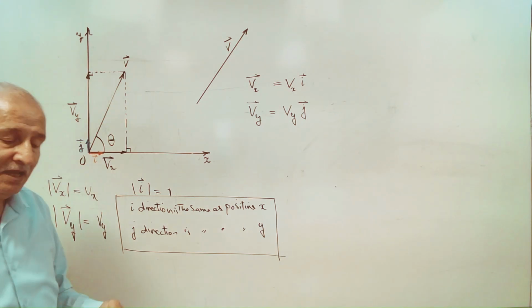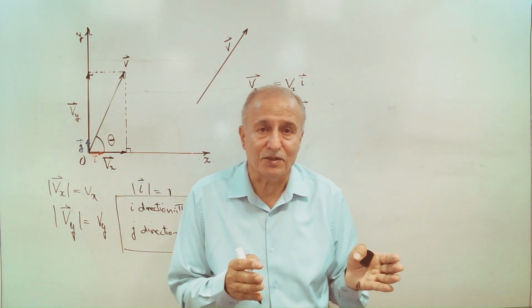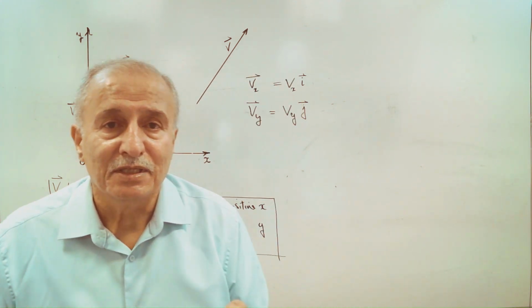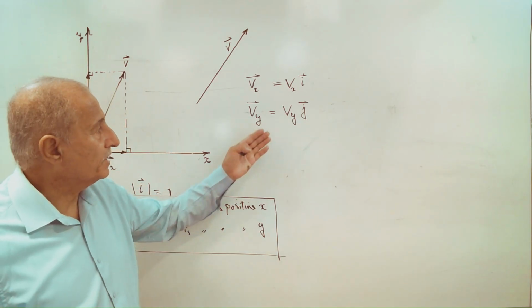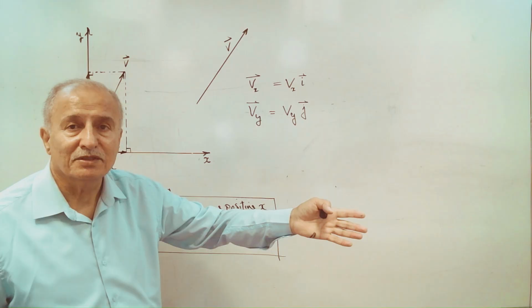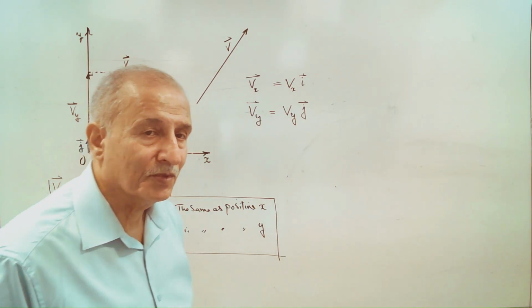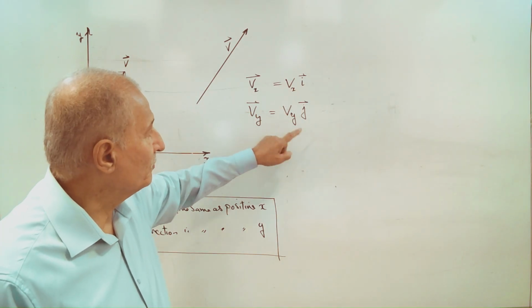It means that from now on till the end of the course, static and dynamic, we use i and j unit vectors. Just multiplication by a number. A number times a vector is a vector. The magnitude depends on the amount of Vx, Vy.